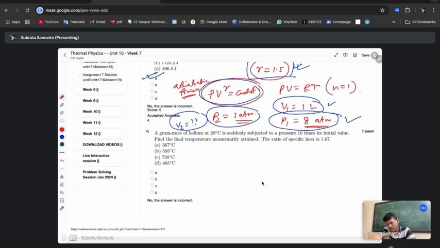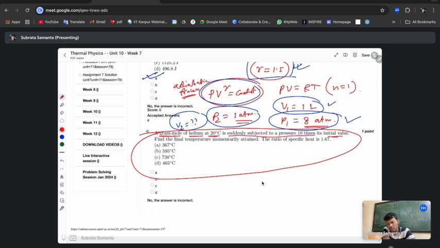Next problem, problem number 4. A gram mole of helium, so 1 mole of helium at 20 degrees centigrade, is suddenly subjected to a pressure 10 times its initial value. So pressure suddenly increases 10 times.